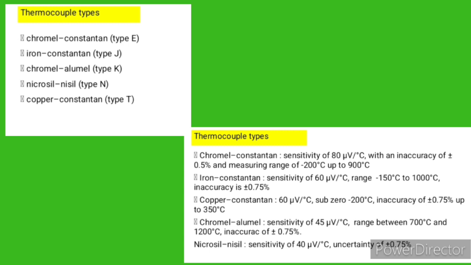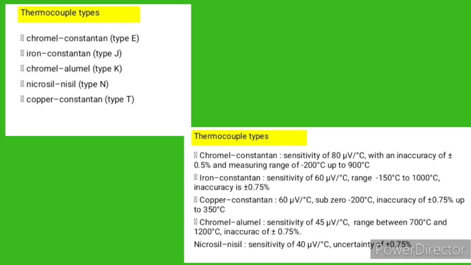Now let us look into their sensitivity, inaccuracy, and temperature range. The chromel constantan sensitivity is 80 microvolt per degree, with an inaccuracy of plus or minus 0.5% and a measuring range of minus 200 degrees Celsius up to 900 degrees Celsius. The iron constantan sensitivity is 60 microvolt per degree, and the range is between minus 150 degrees Celsius and 1000 degrees Celsius.